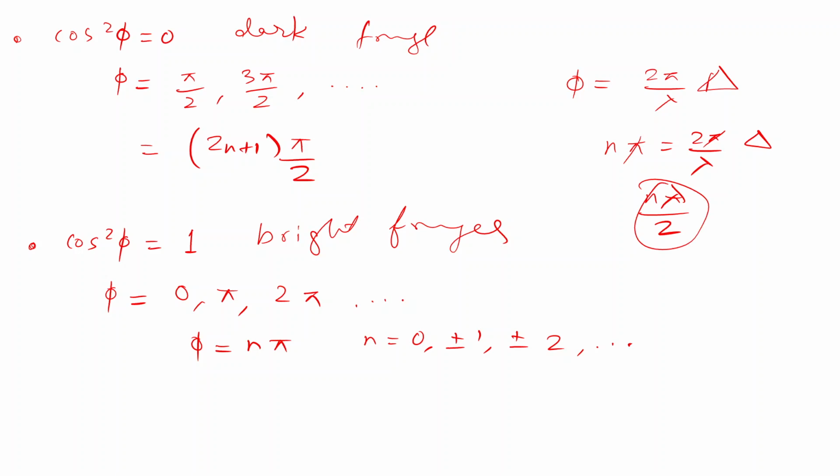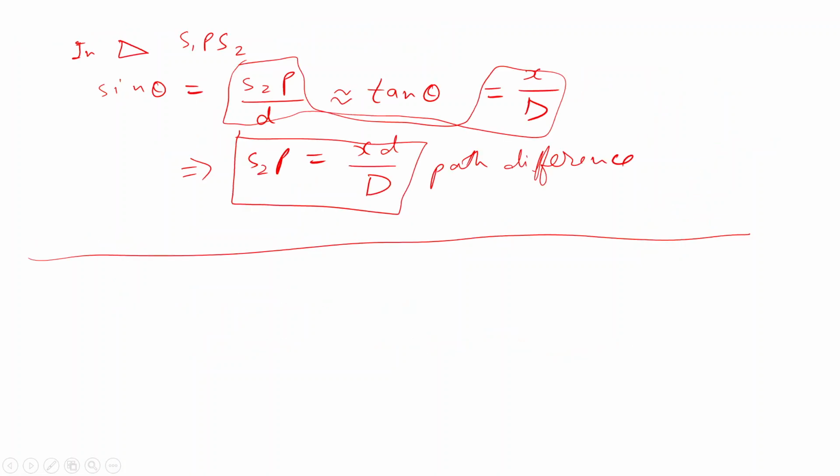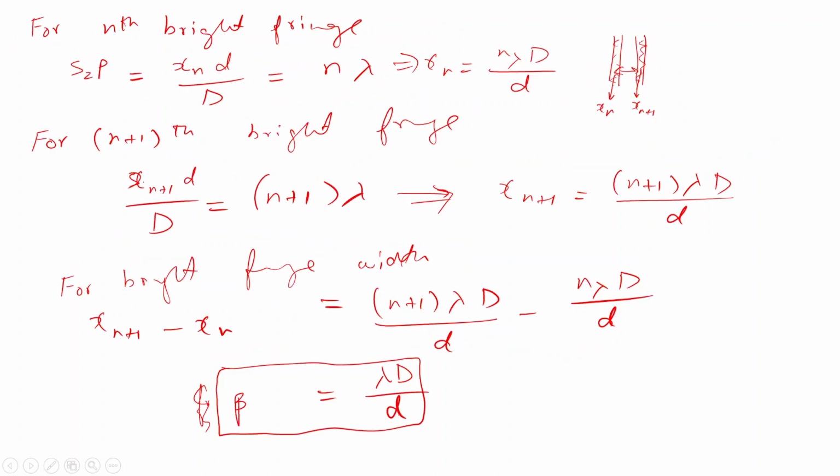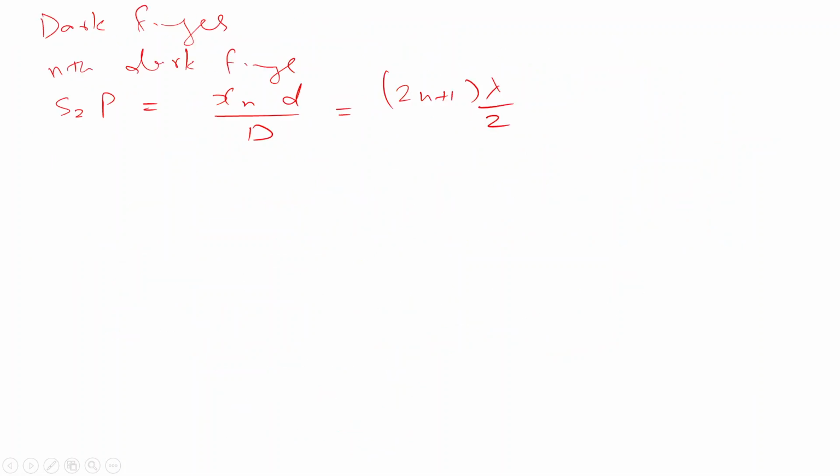Okay, this will be the path difference. So this is the relation between phase difference and path difference, and we are using it here for path difference. So for the nth dark fringe, the path difference will be like this.